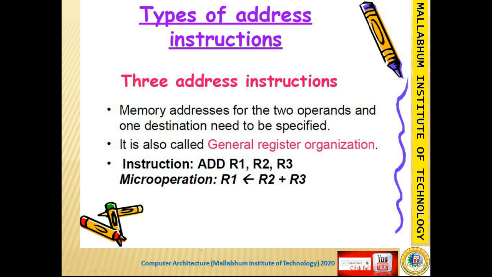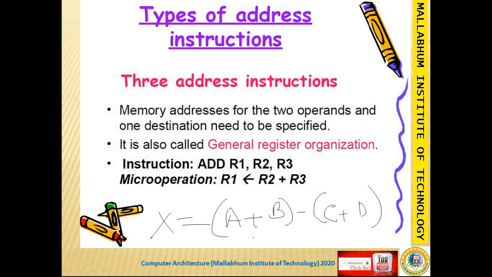To show how the number of address fields affects a computer program, we will evaluate an arithmetic statement. Suppose this is your arithmetic statement: X = (A + B) * (C + D).